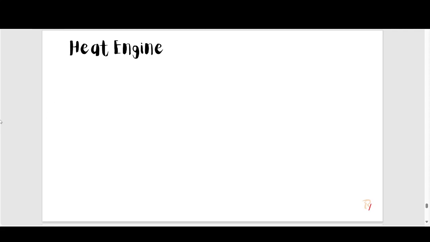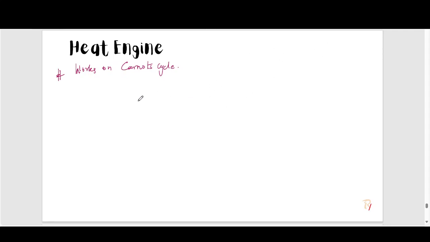Therefore, coming back to the last concept of this thermodynamics, heat engine. A heat engine is nothing but something which works on the Carnot cycle.